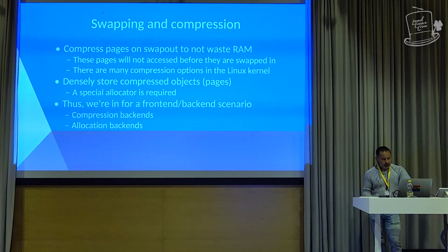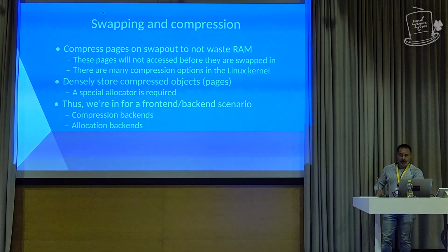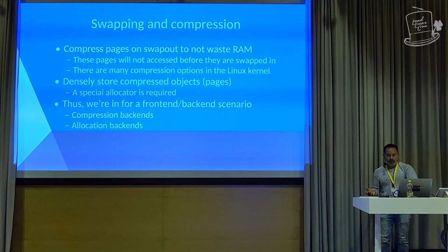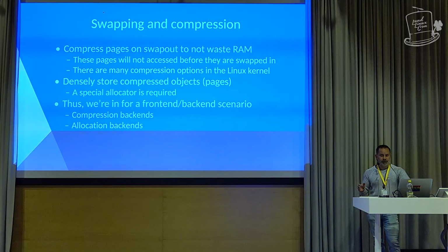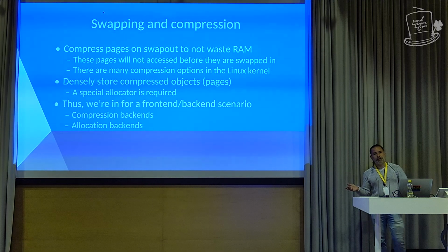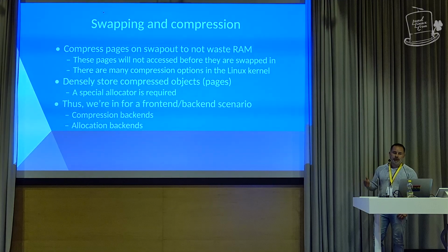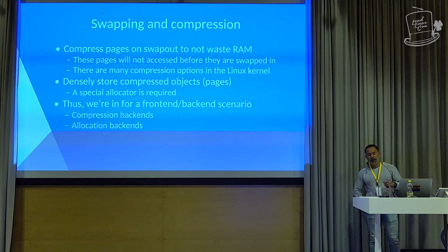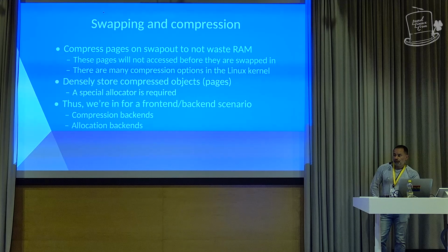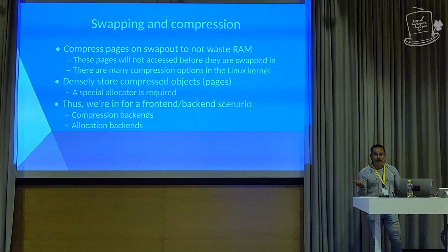So we also need some kind of allocator that is good at densely storing pages that have been compressed, because normal allocators deal either with sizes of one page and above, or with some predefined very small sizes, like kmalloc caches, for instance, 64 bytes, 128 bytes, and so on, but they're bound to power of 2 values, and they do not approximate well a compressed object, for instance, of size 514 bytes.